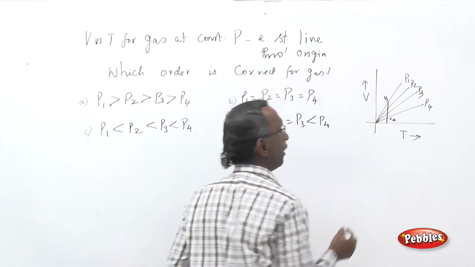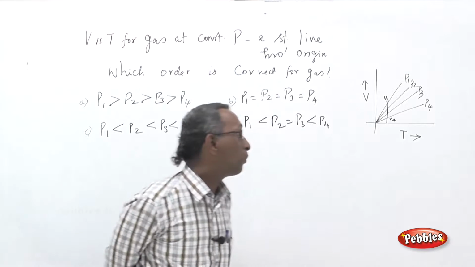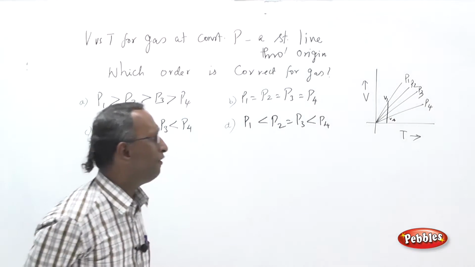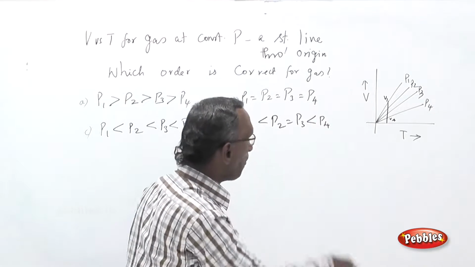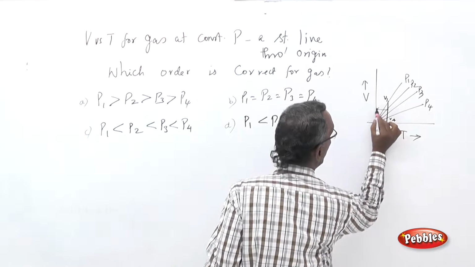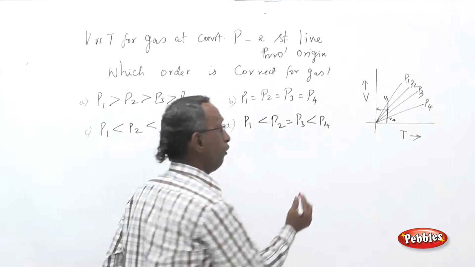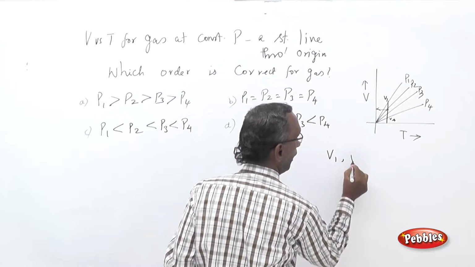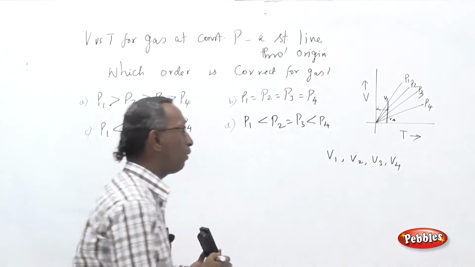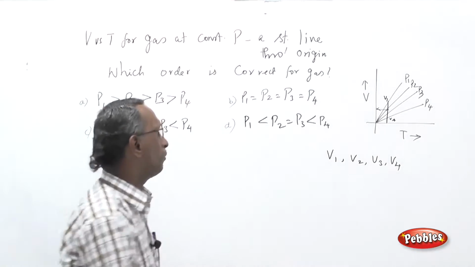Similarly, the topmost line is the volume versus temperature plot at constant pressure P1, and the corresponding volume is V1. A parallel line bears a constant distance from the volume axis. So the 4 different volumes are V1, V2, V3 and V4.